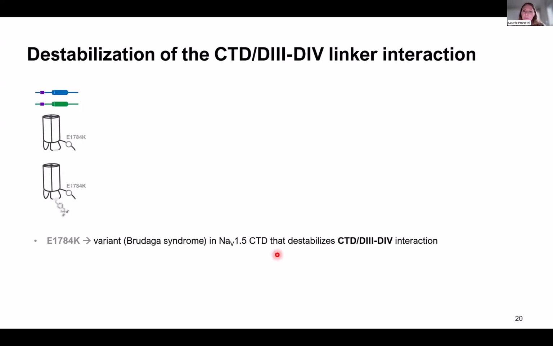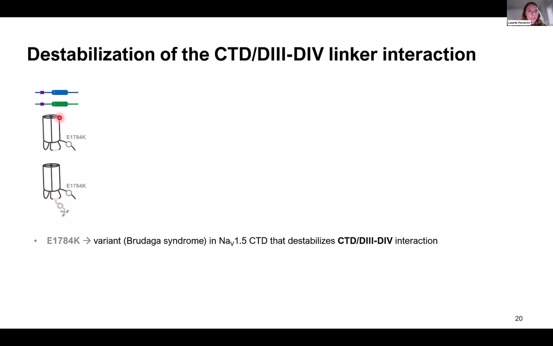To do that, we used the pathogenic variant E1784K, which is located on the C-terminal domain and acts by destabilizing the CTD-D3D4 interactions. We again co-expressed the non-phosphorylated and the phosphorylated constructs carrying this variant, with FGF12A and FGF13A.